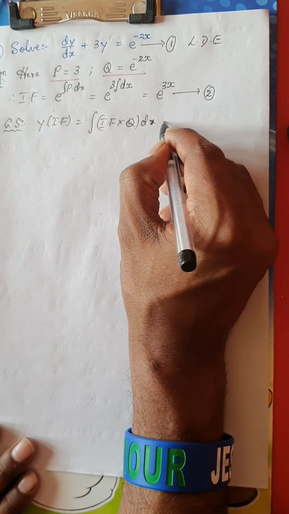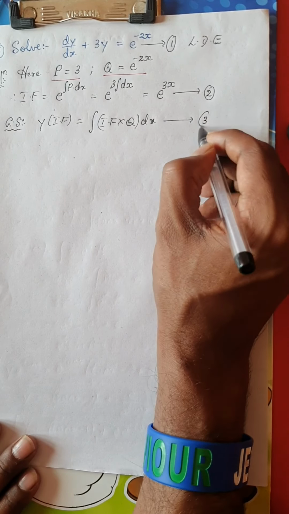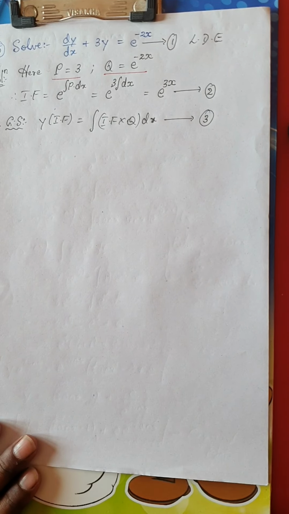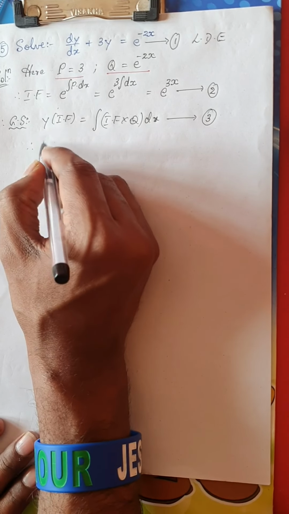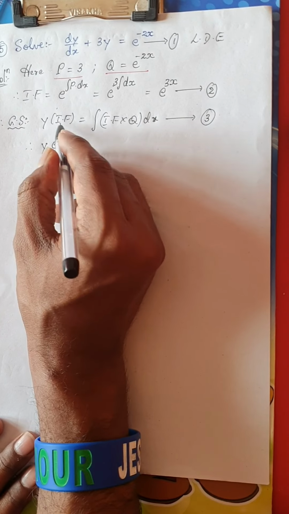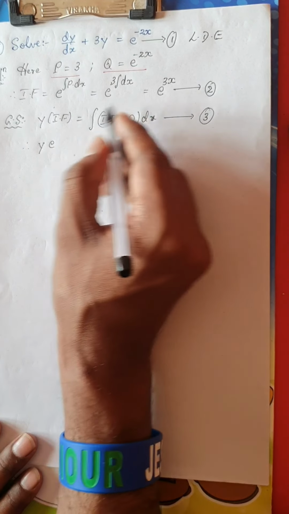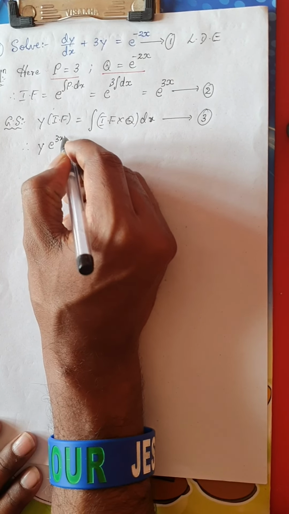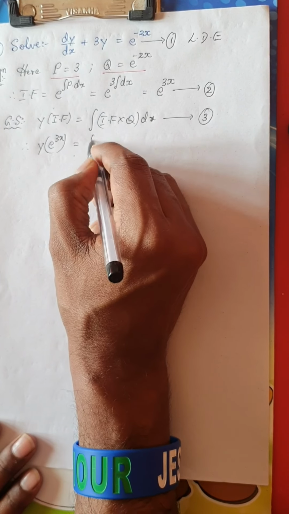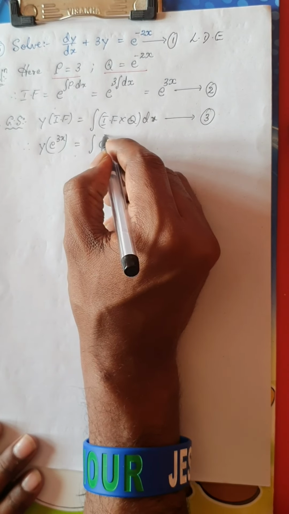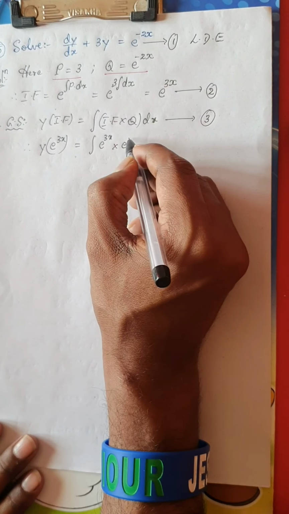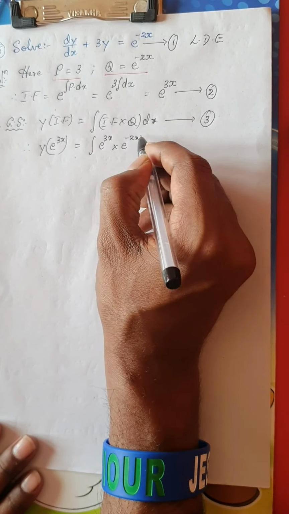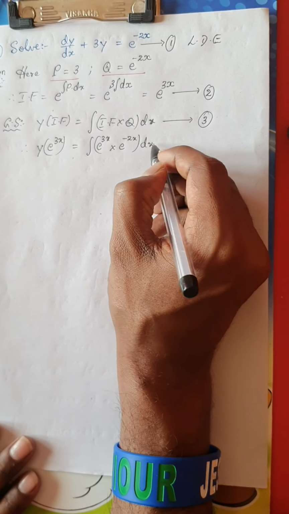Sometimes it is better if you consider this as another equation, equation 3. Let us substitute here. Therefore y into integrating factor, which is e power 3x, is equal to the integral of integrating factor e power 3x into the q value, which is e power minus 2x dx.